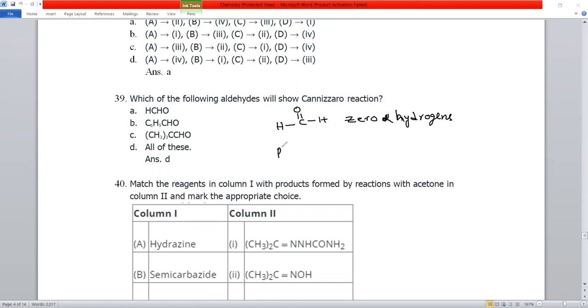And in this last one, the alpha carbon is there, but it does not have hydrogens, so here also it is zero. So in all the cases there are zero alpha hydrogens, so all of these undergo the Cannizzaro reaction. So option D is the correct one.